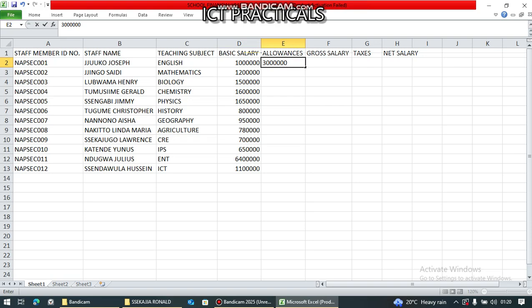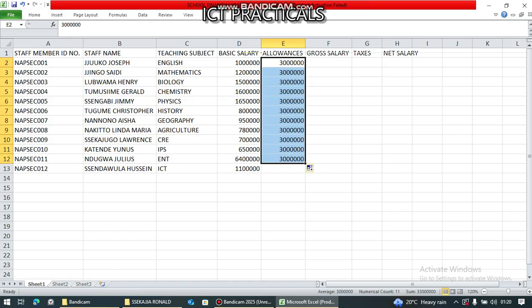It's better because it is uniform. Then compute the gross salary. We get the basic salary plus the allowances to get the gross salary. That means the money he gets as salary plus the allowances, which is equal to the gross salary or the gross pay.